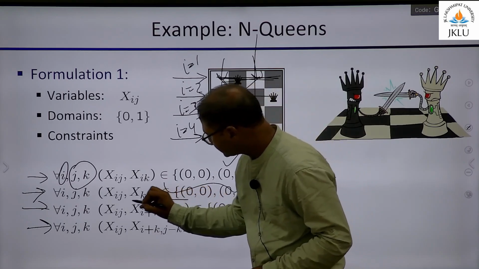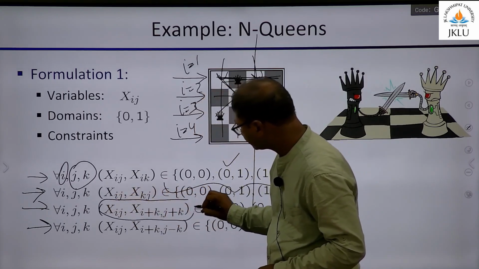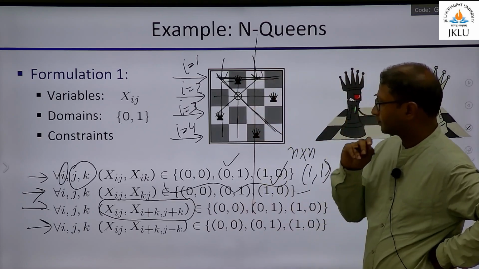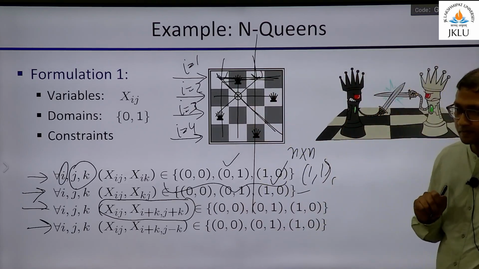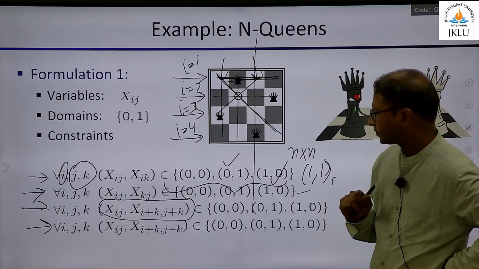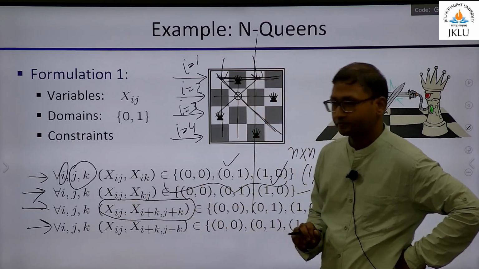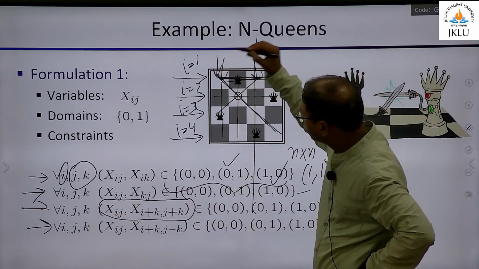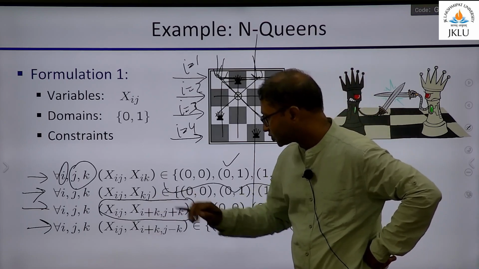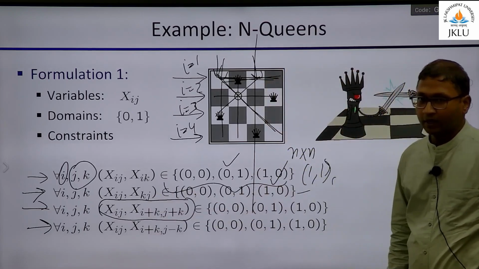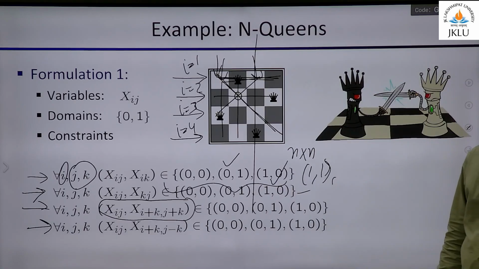What is this? So if I am at x11, okay, what happens here? So i is 1, j is 1, and I add, let's say, k equal to 2.